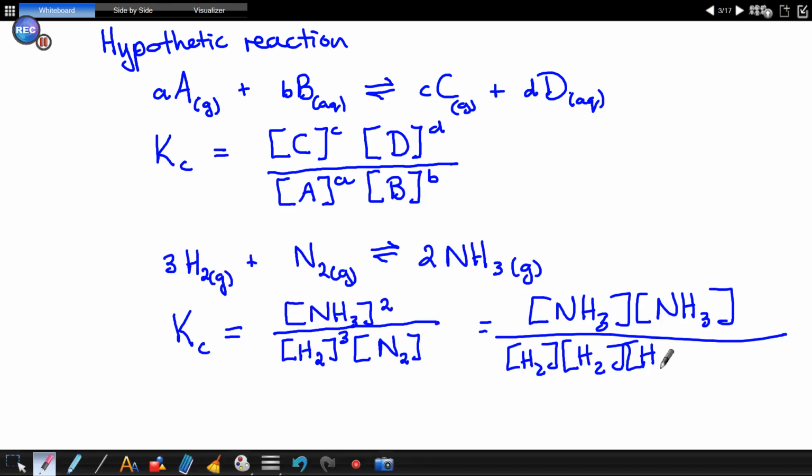So the mole ratio plays an important role, times the concentration of nitrogen. We shorthand it by saying concentration of ammonia squared. You have to use the square brackets in the Kc expression, otherwise it won't count.